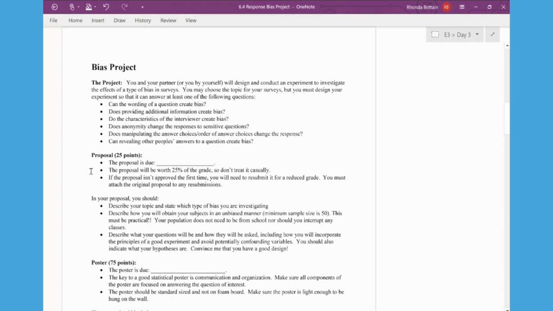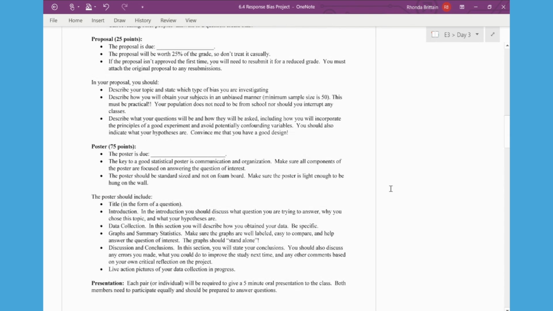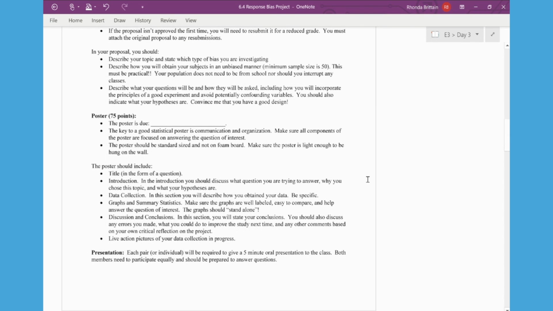They will have to turn in a proposal, and in the proposal, they'll have to formally describe what they're doing and really be mindful about the actual project itself. And then the final project or the presentation will be based on a poster that they create with all of the information. So all of the parameters are there on the student pages.